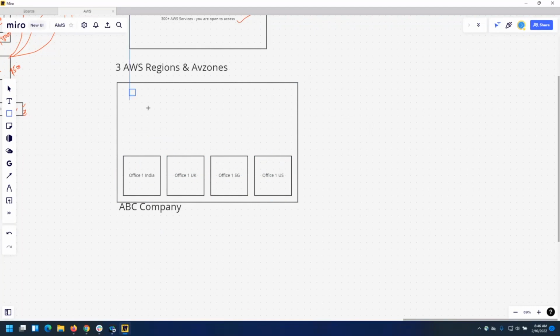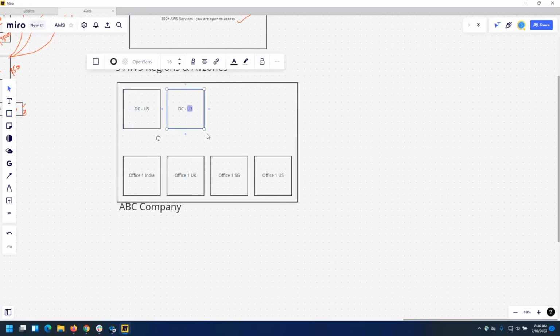Now, you do have data centers: DC1 or DC in US, and you'll have a US2, primary, secondary.